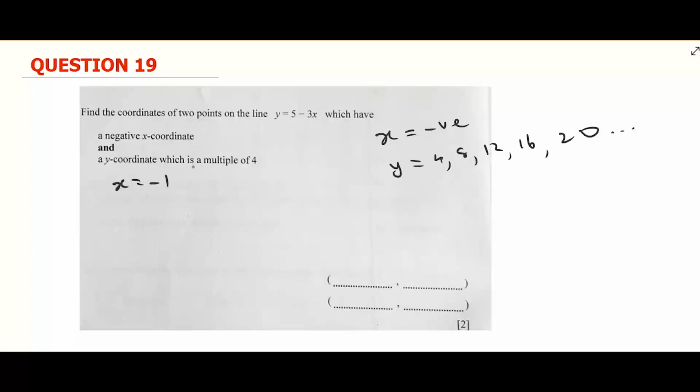So this one meets the criteria for the x coordinate. It is negative 1. Let's see if it will give us the value of y, which is a multiple of 4. So y is equal to 5 minus 3 into minus 1. So this will be 5 minus times minus, similar signs combined together to become positive.